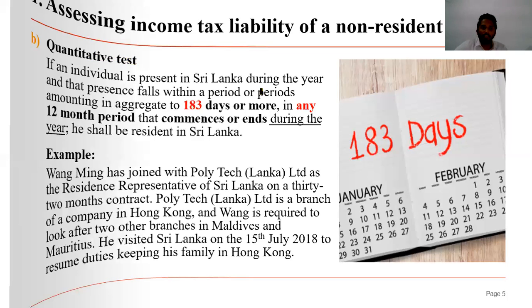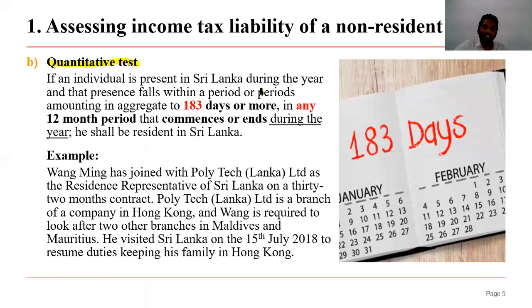62, 69. See again: if an individual is present in Sri Lanka. I am highlighting and reading this because I need to emphasize it to you.